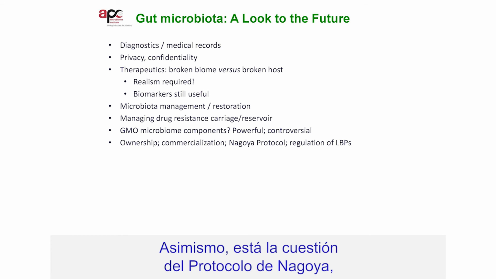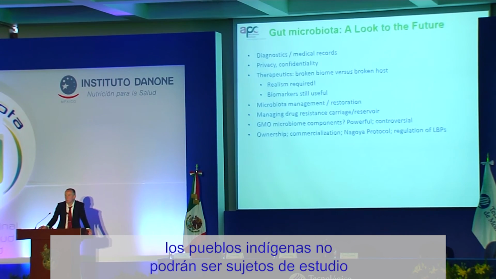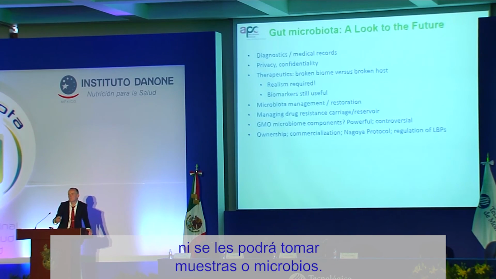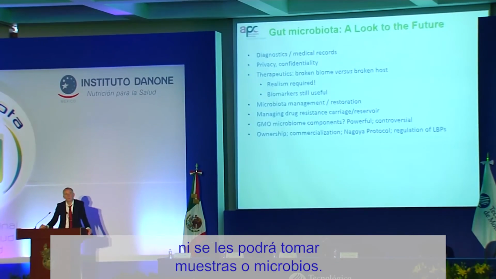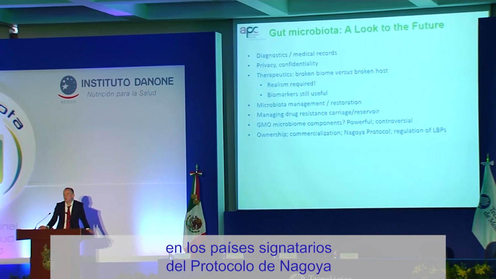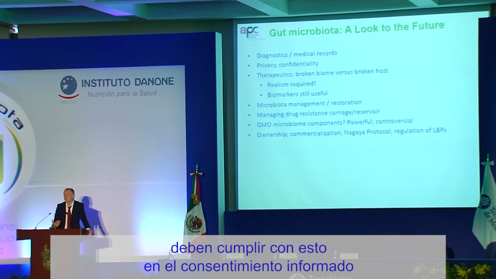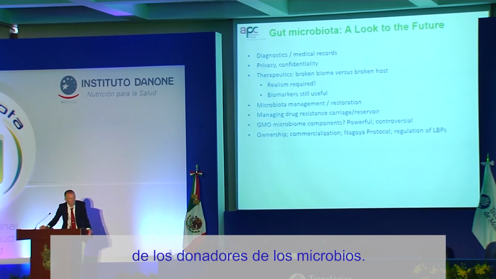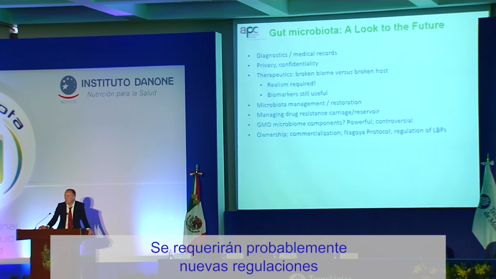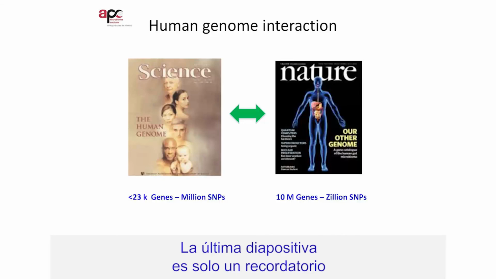You also have the issue of the Nagoya Protocol, which is a global agreement whereby indigenous people will not be studied, sampled, and microbes taken from them. So all strains used for commercialization in signatory countries to the Nagoya Protocol must be compliant with that in terms of informed consent from the donors of the microbes. And we're probably going to need a new kind of regulation for live biotherapeutic products.